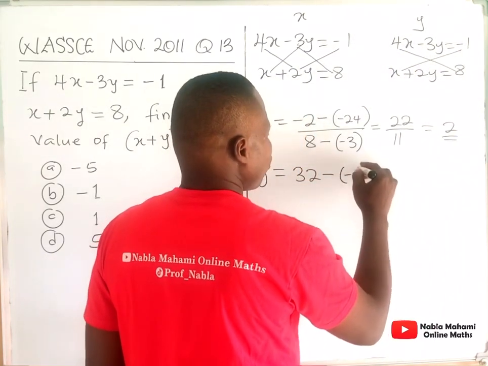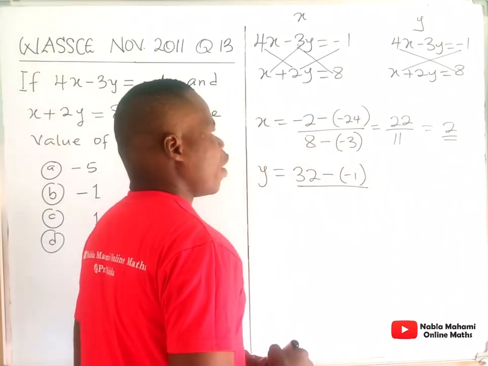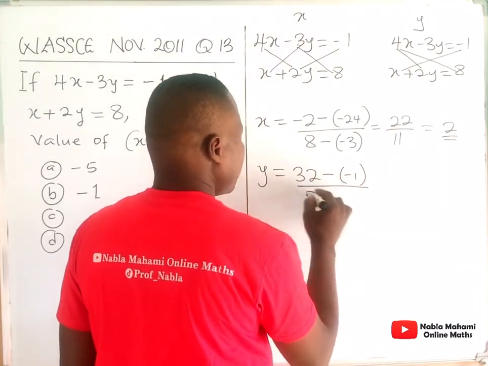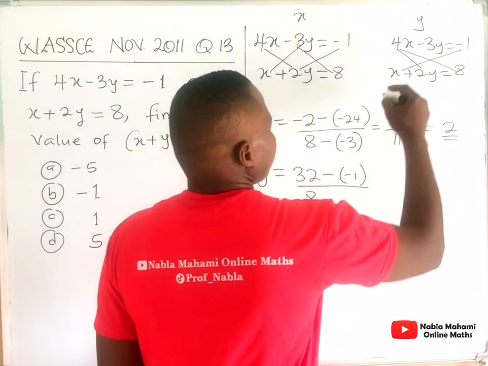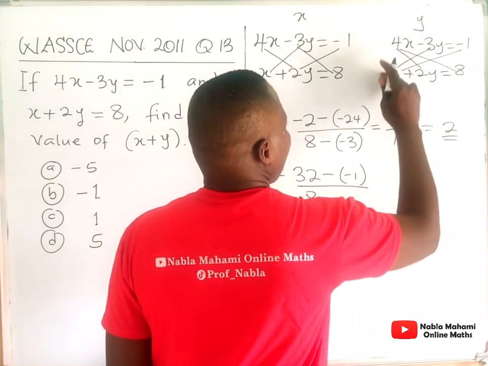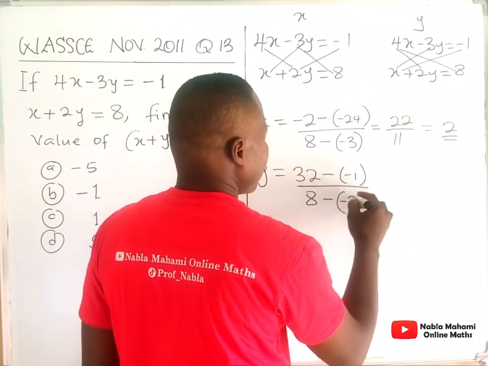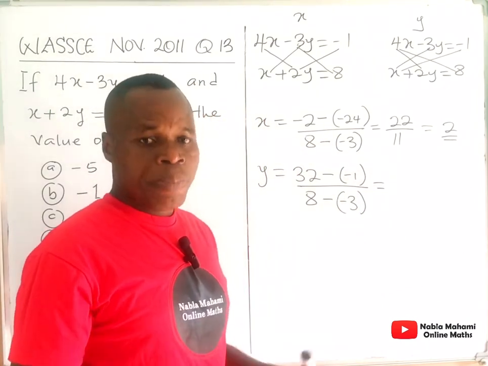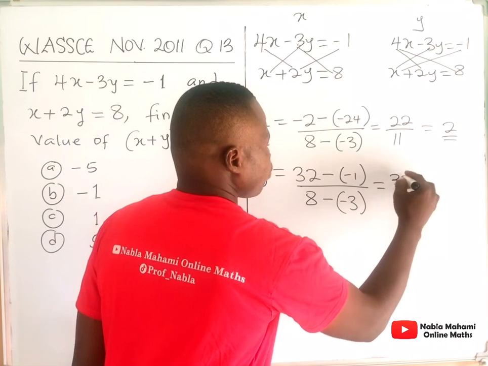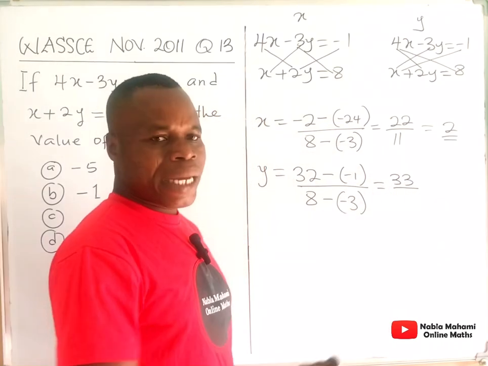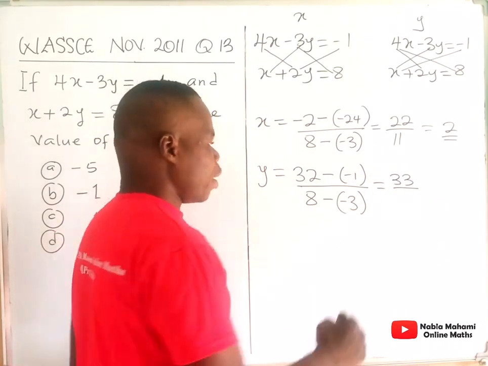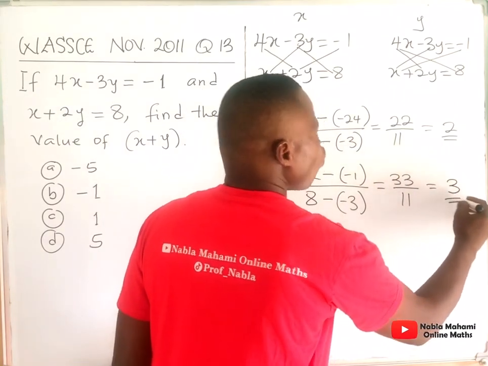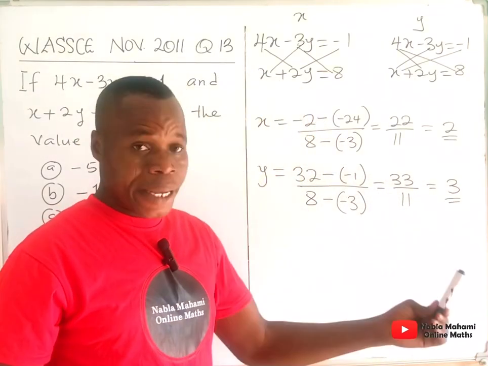That will be minus 1 over the third line. 4 times 2, 8, minus this line, that is the fourth line, 1 times minus 3, that will be minus 3. And you know that 32 minus minus 1, it will be 32 plus 1, that will be 33. And 8 minus minus 3 is 8 plus 3, which is 11. And 33 over 11 is 3, meaning y is 3 here.